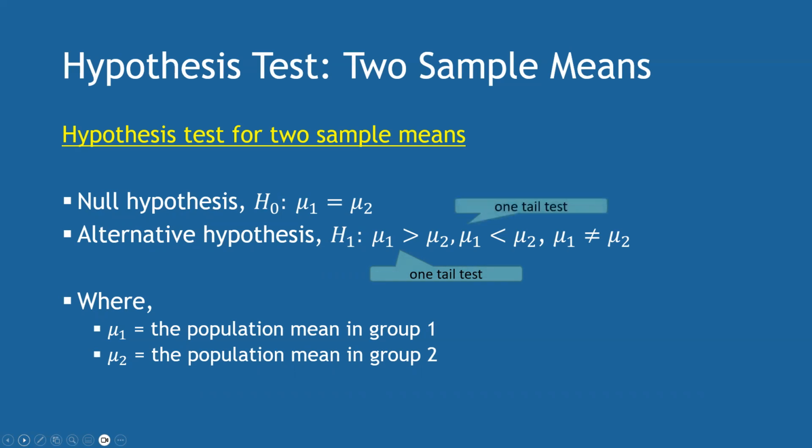The next test is also a one-tailed test, but this time we look at whether the population mean in group 1 is less than the population mean in group 2, indicated by the less than sign. But the test that we're going to focus on more heavily is the two-tailed test, which indicates that the population mean in group 1 is not equal to the population mean in group 2.